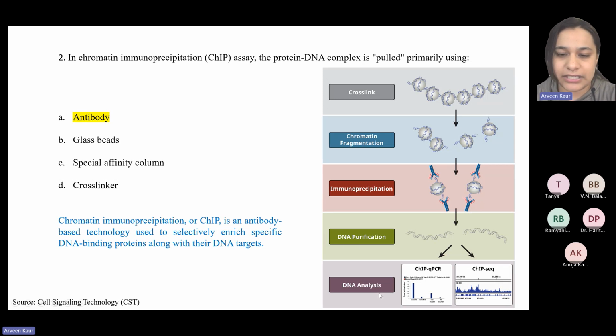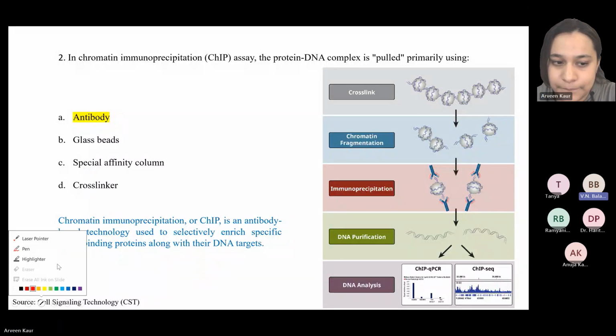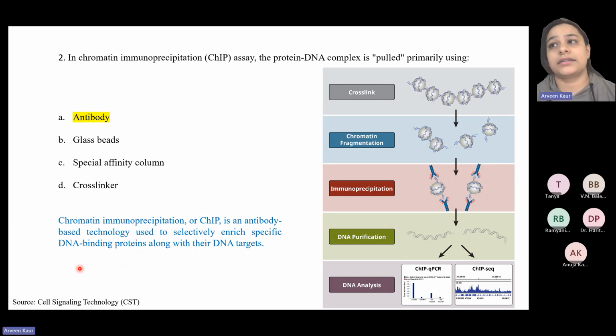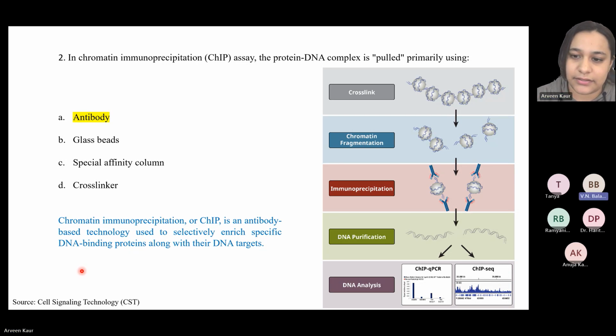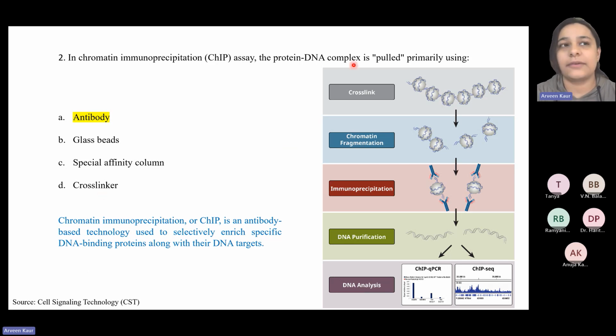Okay. So, Balaji, do you want to say something? I just wanted to know whether this antibody is interacting with only DNA or with the protein-DNA complex. No, the antibody will be interacting with the protein actually. In the diagram that you have shown, the red diagram, the antibody is only interacting with the DNA chain. Okay, so this is a very brief workflow.